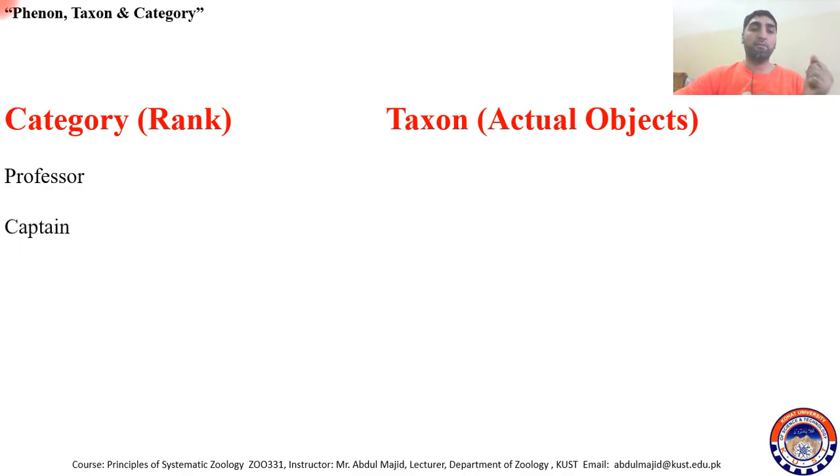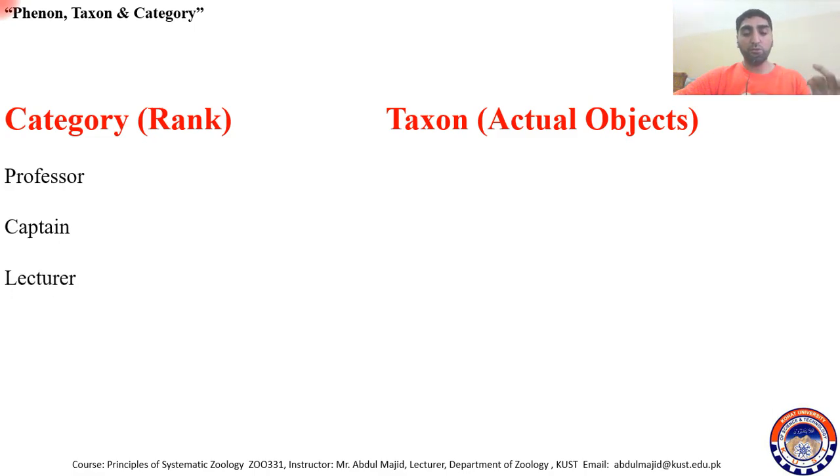Or if I tell you that I have a friend in the army who is a captain, it gives you the rank. Captain is the third rank, after second lieutenant and lieutenant. But you don't know who the actual person is.